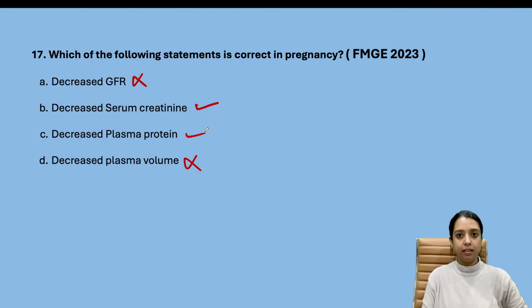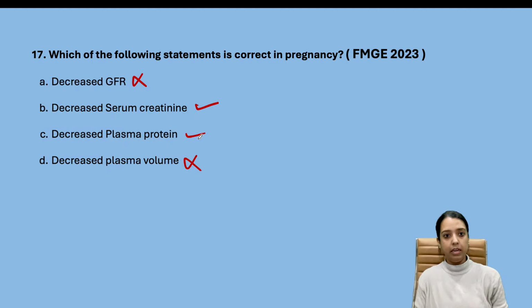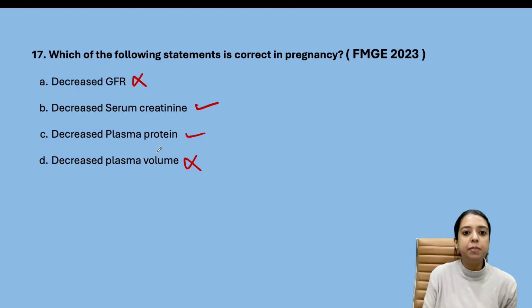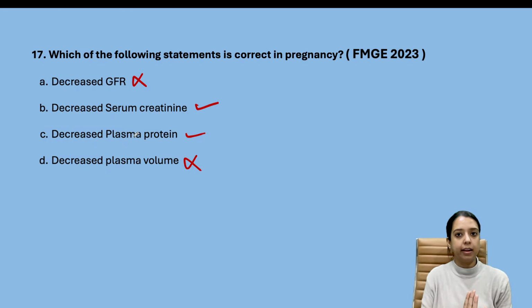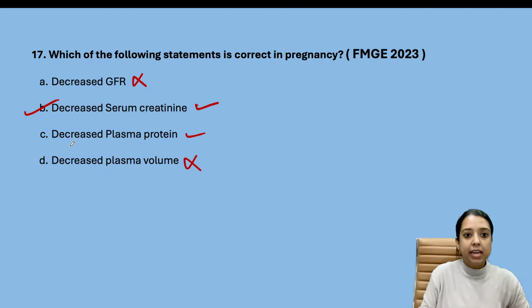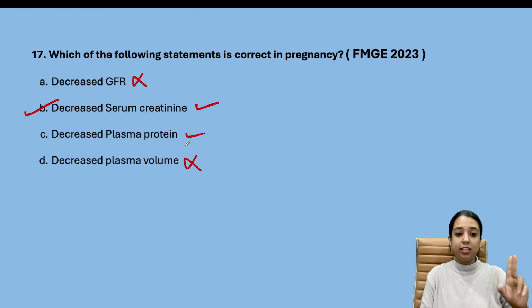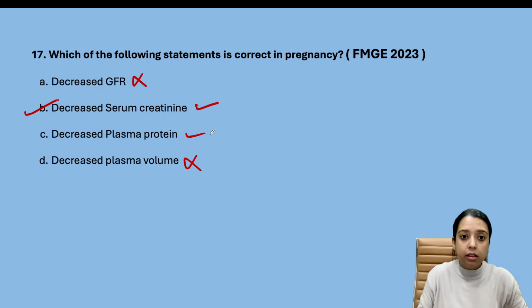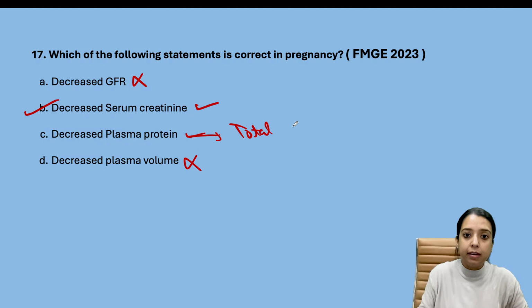Now, what is the right answer? Always choose the best right answer. You can have two options which seem correct, but which one is most correct? Decrease plasma protein, not the concentration. They have not written the concentration, just the total amount of protein.